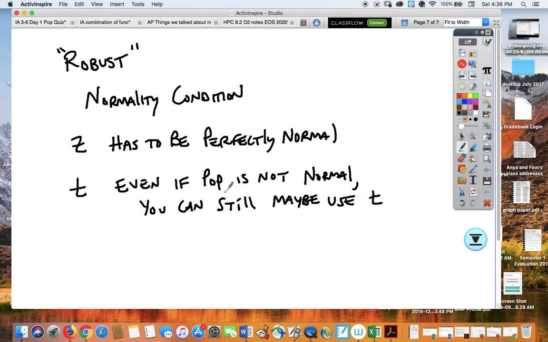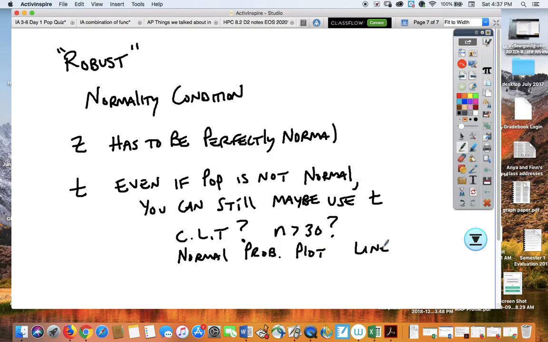So what you want to check, if the population is not normal, you would want to check the central limit theorem. See if that works. Is your sample size greater than 30? If that doesn't work, then you can try a normal probability plot. And you're wanting to know if that's linear.